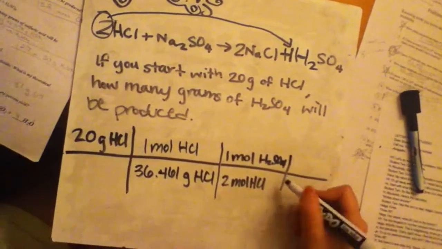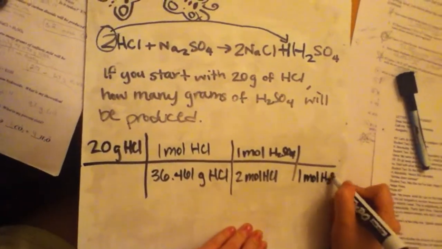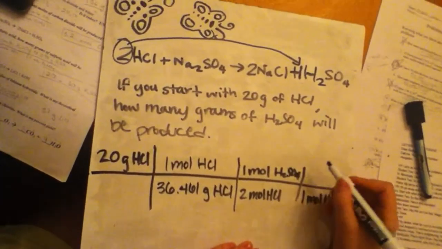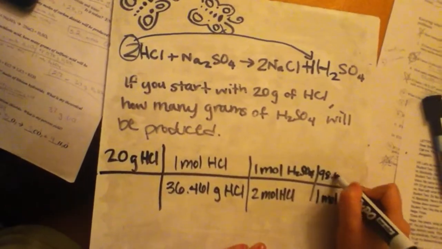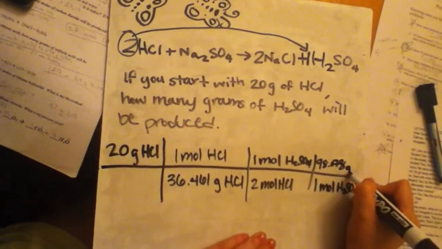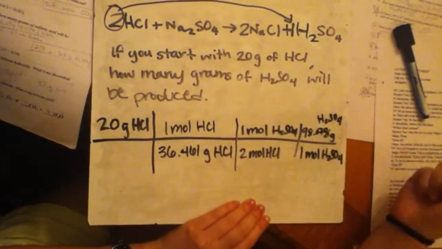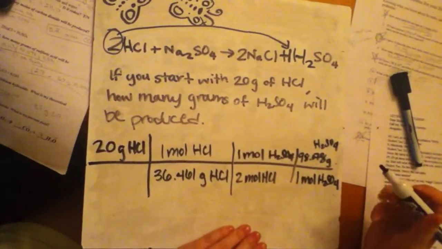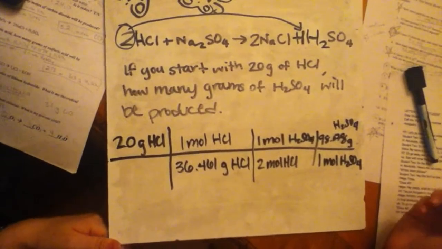And then, so 1 mole of that would be equal to 98.078 grams of H2SO4, and you get that number from adding up 2 H's and 1 S and 4 O's on the periodic table.